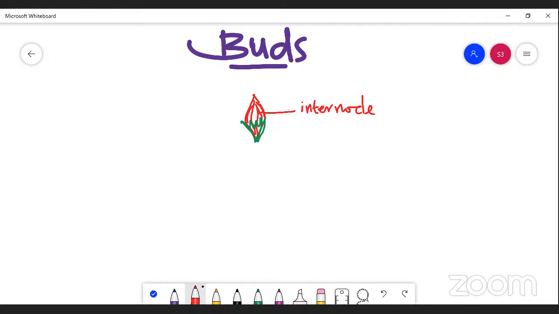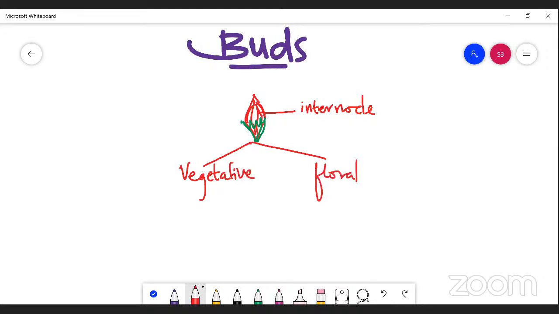Generally, buds are divided into two types based on nature. They are vegetative buds and floral buds.